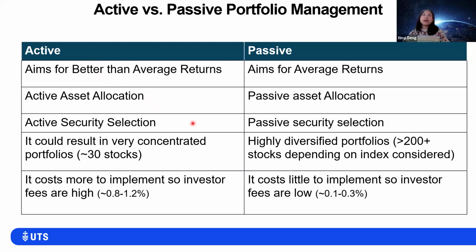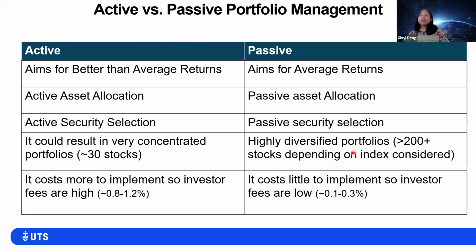And this would result in the portfolio composition becoming really concentrated. More specifically, if we are talking about equity portfolios, such active equity portfolios usually contain approximately 30 stocks. And the composition of passive portfolios is usually very diversified.